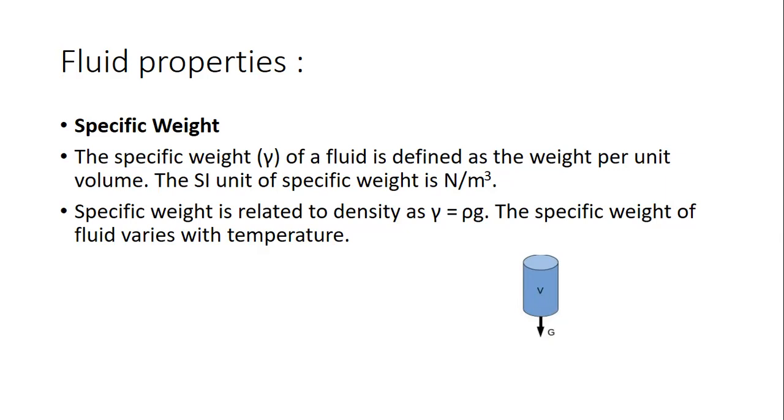So it is one of the influencing parameters for measuring the specific weight of the fluid. When you take specific weight, acceleration due to gravity and density are both important information to be considered when you are calculating the specific weight of the fluid medium.